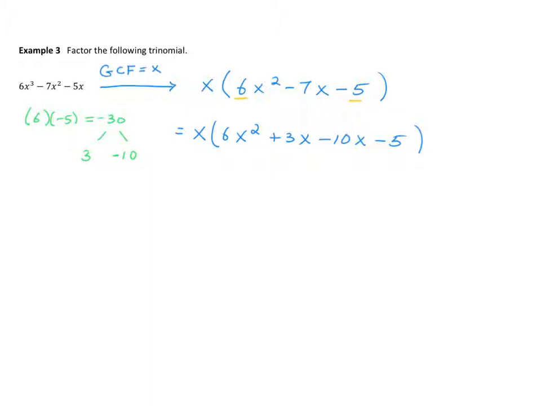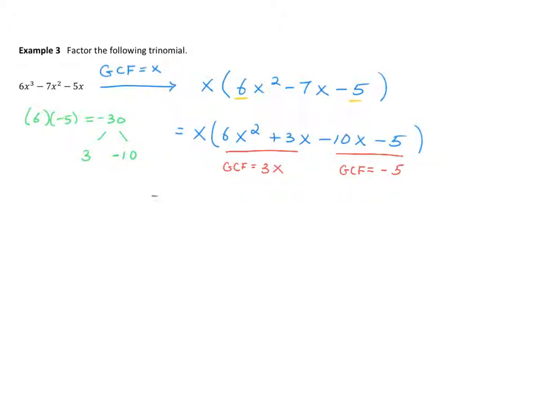I'm now going to remove the greatest common factor from the first two and last two terms. For the first two terms, the greatest common factor is 3x. And for the last two terms, I think I'm going to actually take out the negative. That seemed to work out nicely in the previous lesson. So you don't always have to do this, but I'll take out the negative, and I think I can remove a 5 as well.